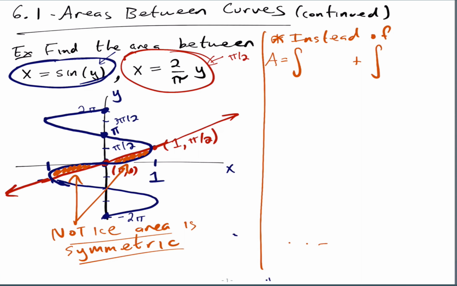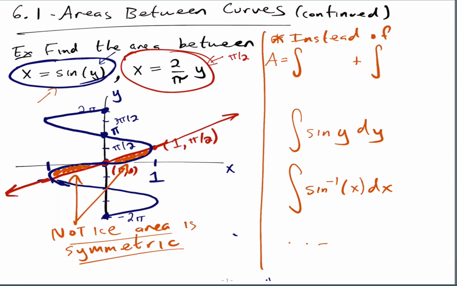For example, you have x equals sine of y. If I tell you you need to integrate sine of y dy, or if I solve for x, I would get inverse sine of x dx. If you compare those two integrals, which one's easier? Sine of y dy. There's no contest.